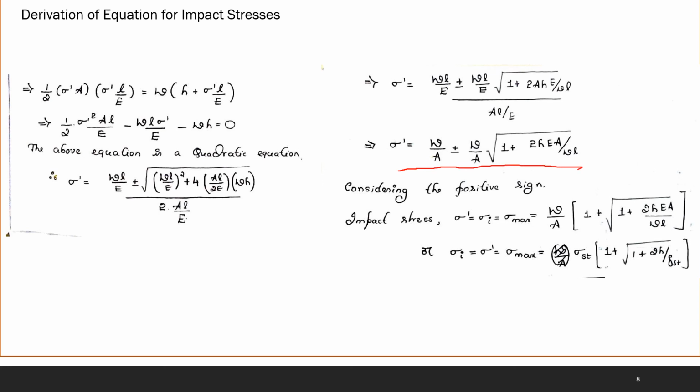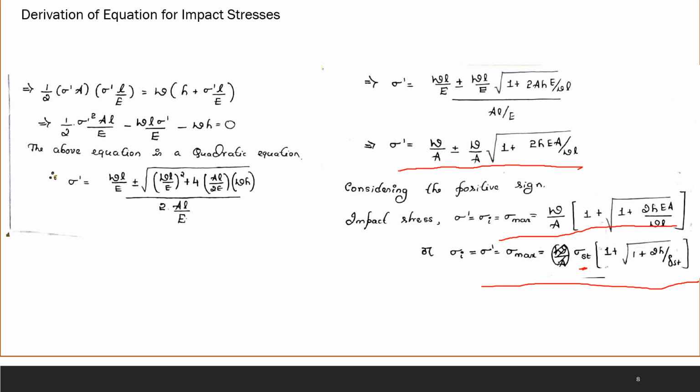Now you take only the positive sign here because stress is positive; a negative sign only indicates the direction of load. Therefore if you take the positive sign here, you will get the formula for stress as this value here. W by A is actually the static stress.